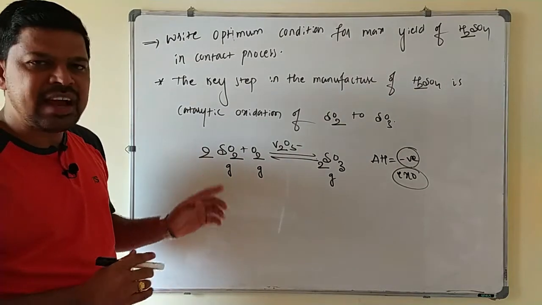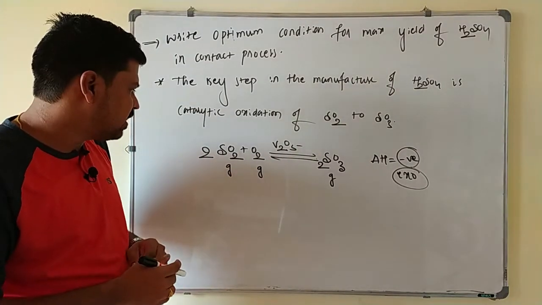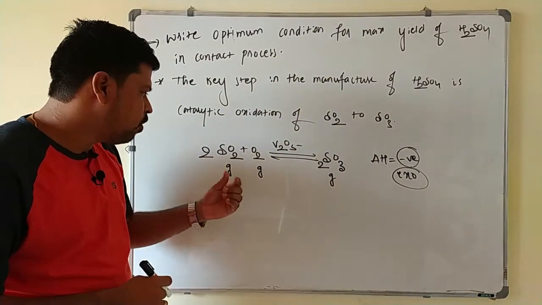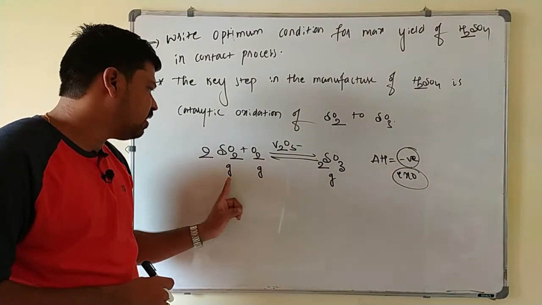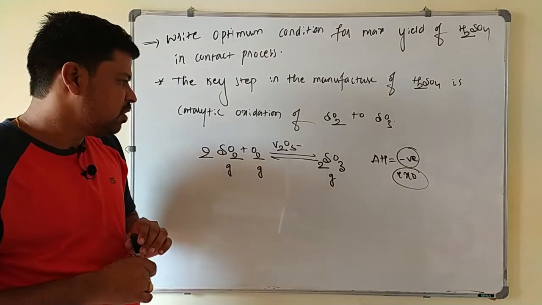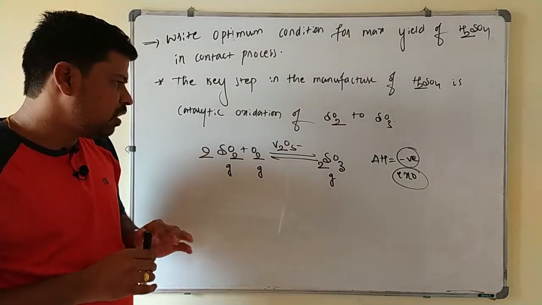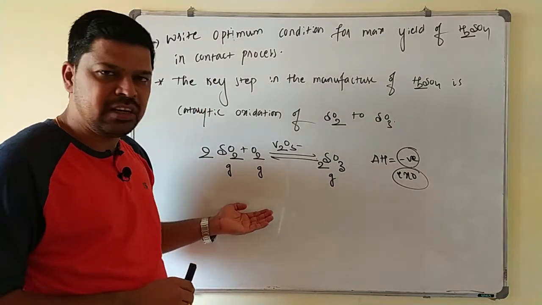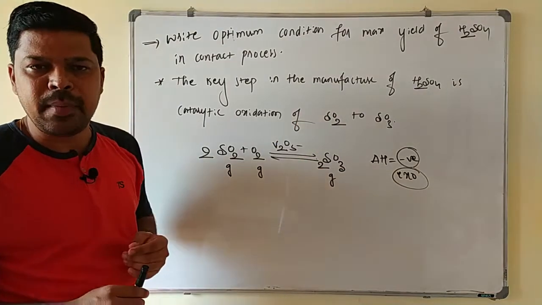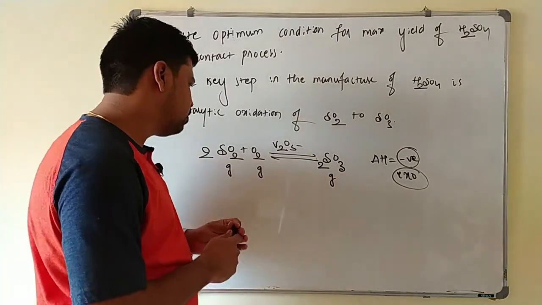The reaction will move in such a direction, from the higher number of moles to the lower number of moles. This side the pressure will increase, so it will move from the left side to the right-hand side. So according to Le Chatelier's principle, low temperature and high pressure favor the formation of SO3. Thereby you will get maximum yield of H2SO4 here.